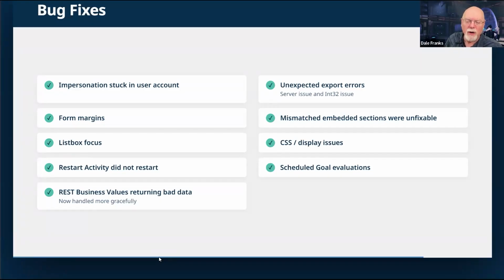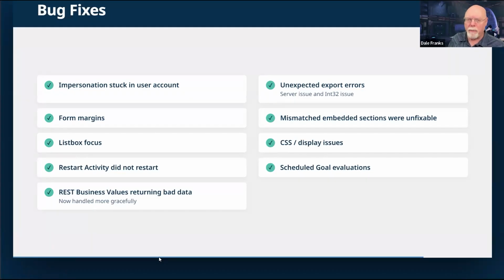REST business values returning bad data. This is not an error in Process Director as much as it is a little what the French would call gaucherie. We were not gracefully handling situations where a REST call either returned non-REST data or it didn't return anything.